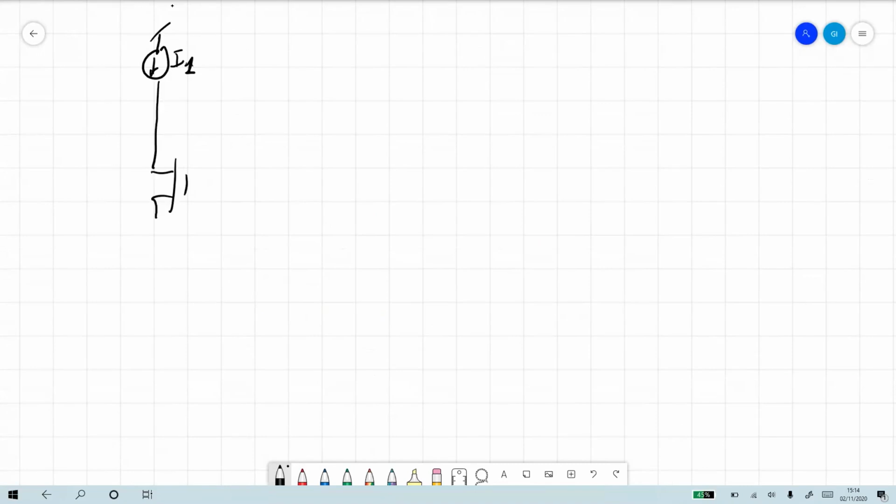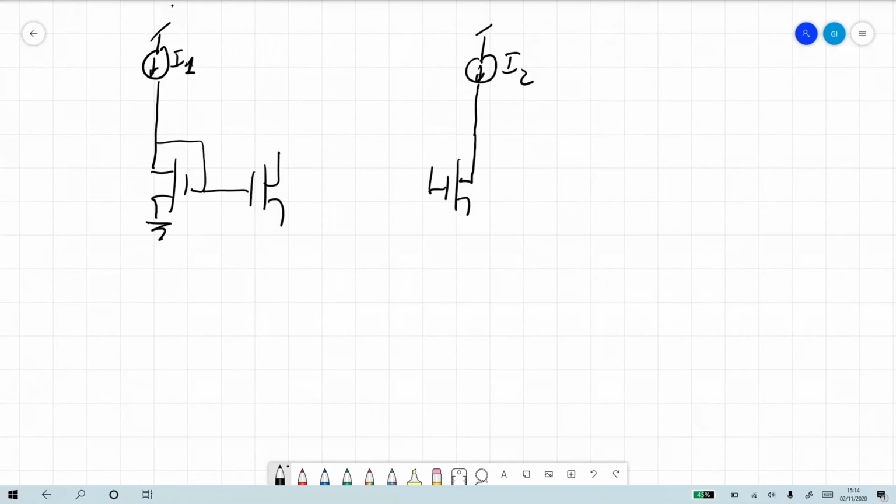Then we copy this current to a transistor. And then we have another input current I in 2 that we copy. Now I'll just do it symmetric, for symmetry, to another transistor.